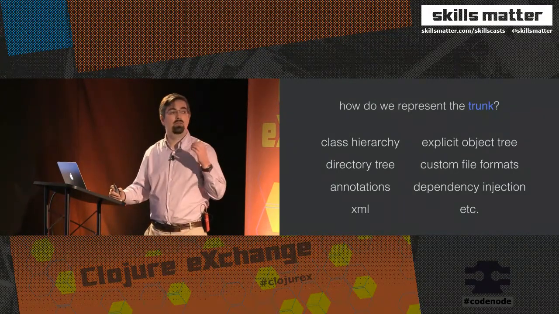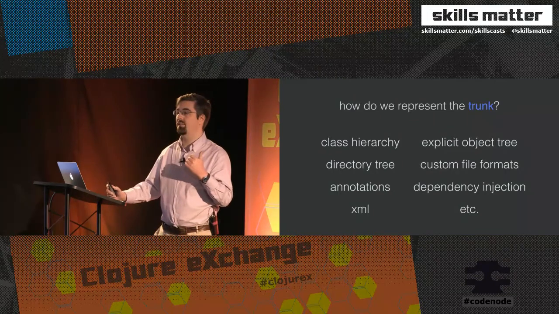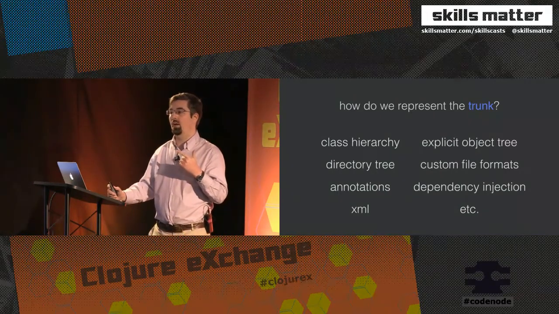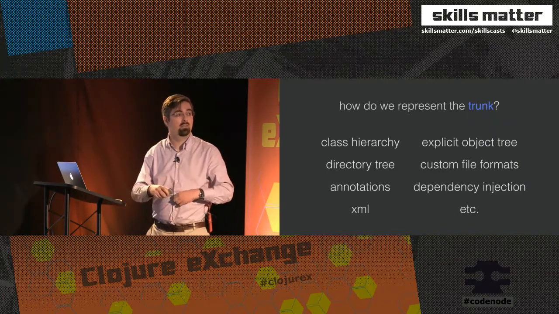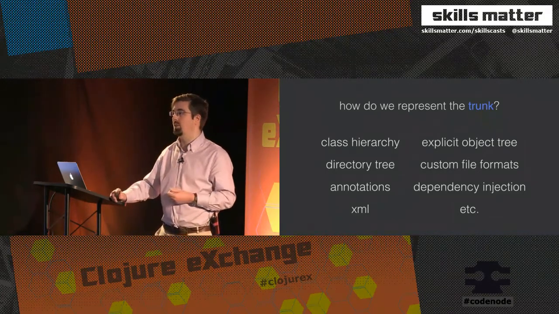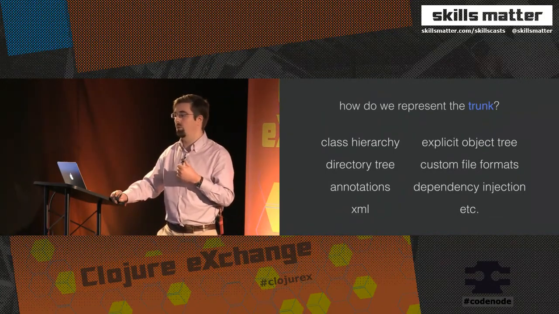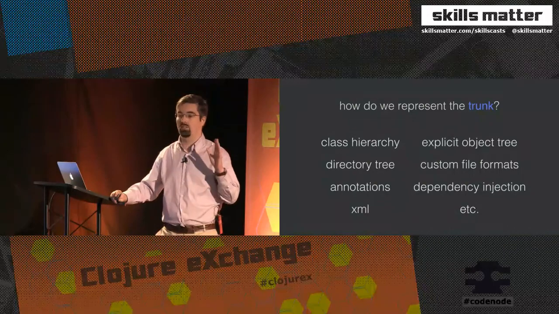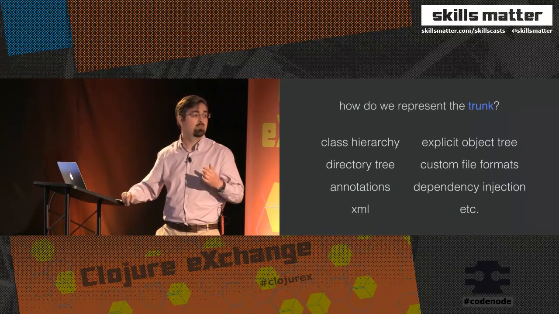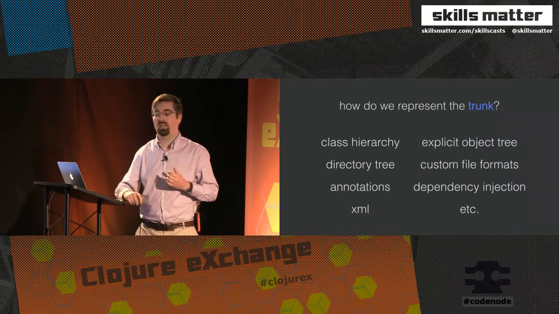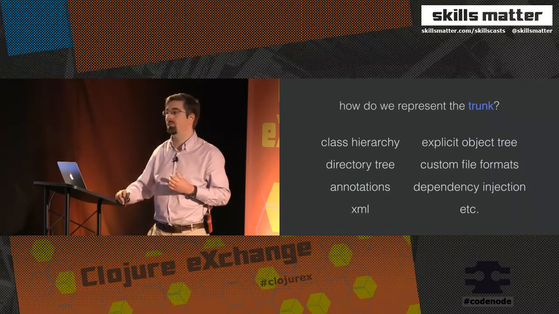They also use classes, object trees. They sometimes have some kind of custom file format, usually in routing. The Play framework for Scala and Java has a custom routing file, which is where everything kicks off from. Spring uses XML, or used to use XML before it moved on to annotations.